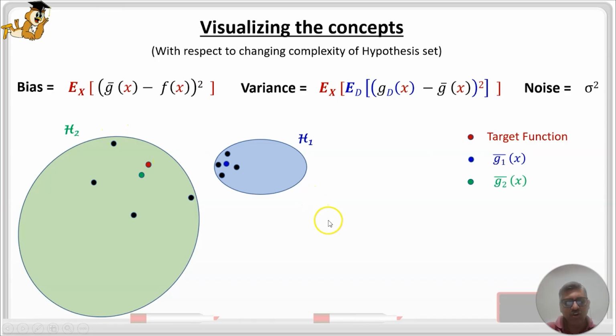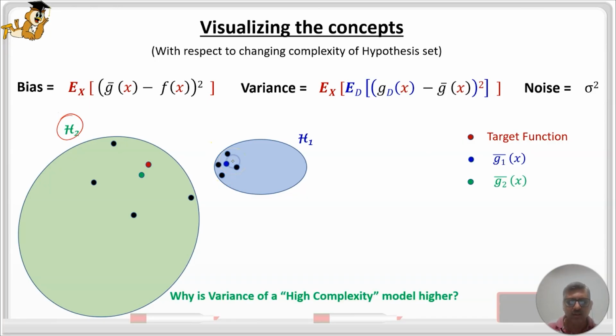I have drawn them far away in the case of H2, and I have drawn them very near the blue dot in case of H1. So the question that you would have in mind at this time is, why is the variance of a high complexity model higher? That is the number one question that you would probably have in your mind right now.